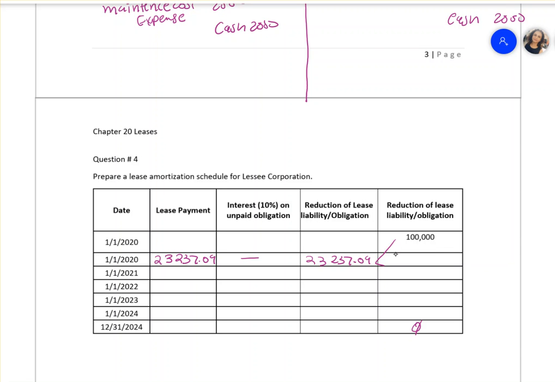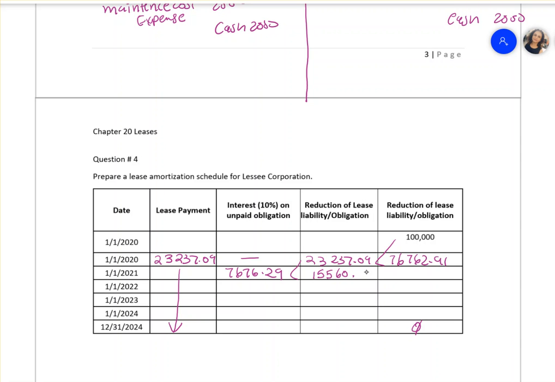So in this case, it should be 76,762.91, and we calculate our interest. Our interest is 10% of your obligation, which is going to be 7,676.29. Our payment does not change, but your reduction to your obligation did change, because now we paid some interest in that, which is going to be 15,650.80.